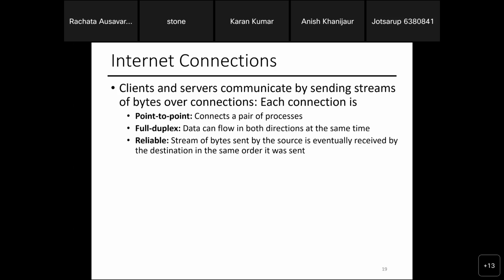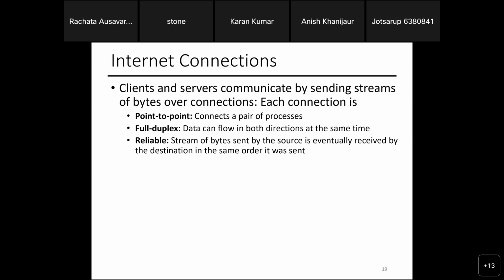If you send byte 1, byte 2, byte 3, byte 4, the destination should also get byte 1, byte 2, byte 3, and byte 4. A more advanced topic on network design, there are ways to make sure this can be fast and you can still keep the ordering. There are techniques for that. But when I said reliable, it means that the server should see the exact same thing that the client is sending to you. That should be the minimum requirement.